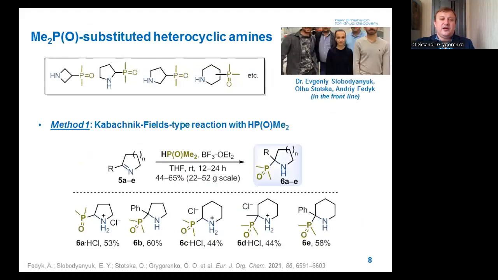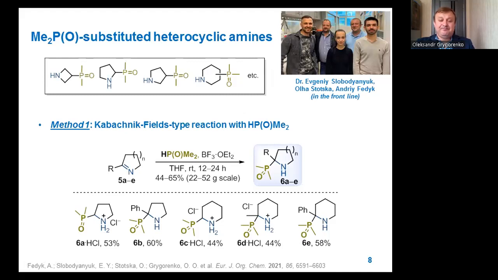our work, which is related to the synthesis and physicochemical properties of heterocyclic amines bearing the dimethyl phosphine oxide moiety. We aimed at the preparation of most azetidine, pyrrolidine, and piperidine derivatives, as well as some other compounds, and used a bunch of methods to achieve this.